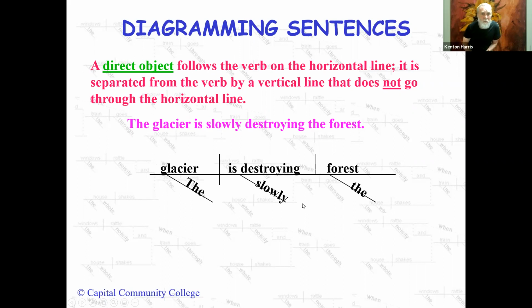But we're done. Every word in the sentence has a place on the diagram. We know that we have an article modifying glacier. We have another article modifying forest. We have an adverb modifying destroying. And we see that the glacier is destroying, active verb, and it's taking a direct object, the forest.